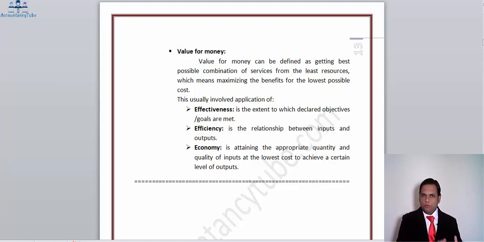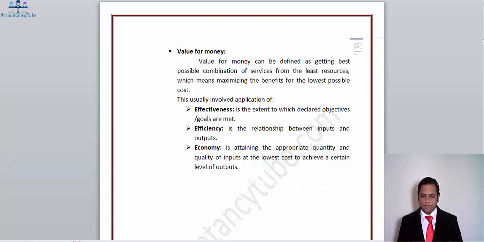That thing is called value for money. It basically is also used as an assessment for not-for-profit organizations and also government organizations where their main focus is not the profit but the welfare of the people. It basically involves the application of effectiveness, efficiency, and economy.